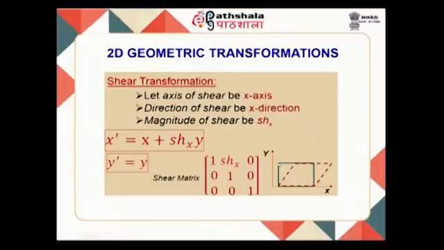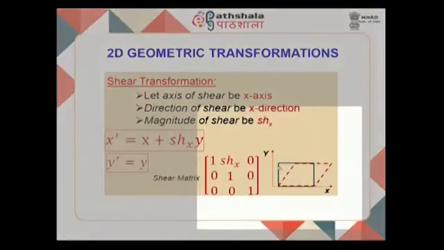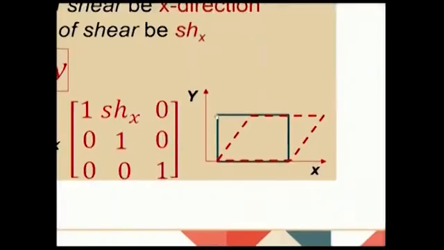So, how do we understand this? The higher the y value of a particular coordinate, the larger is the shear effect, the larger is the transformation along the x direction. You see here this vertex on top has moved to this position. The shear effect is more on the top vertex.